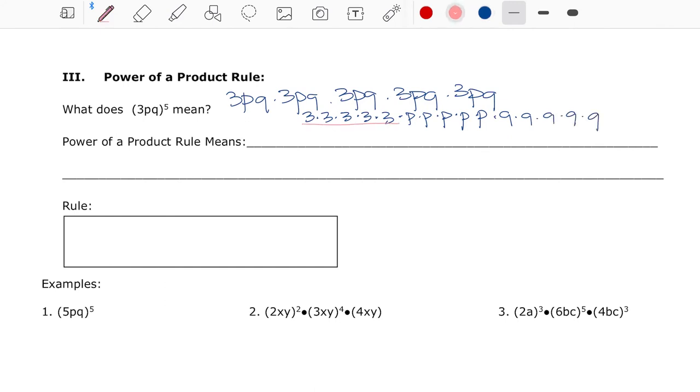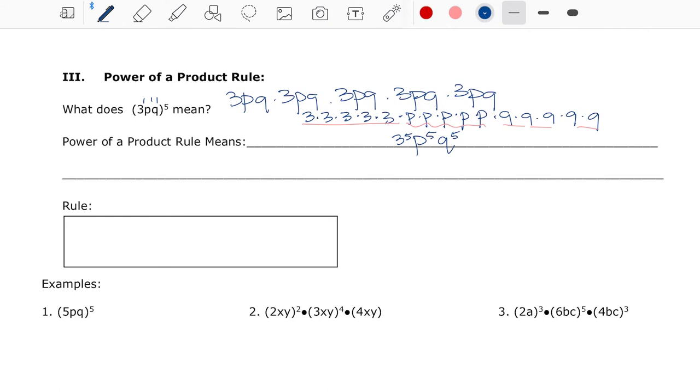And when you multiply those same bases, that's when you can add your exponents. So you get 3 to the 5th, P to the 5th, and Q to the 5th. And if we think about what we just talked about with our second rule, if I don't see an exponent on a variable or a number, that means it's an understood one.